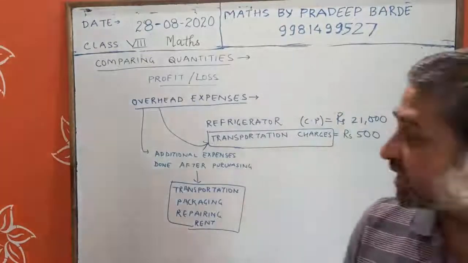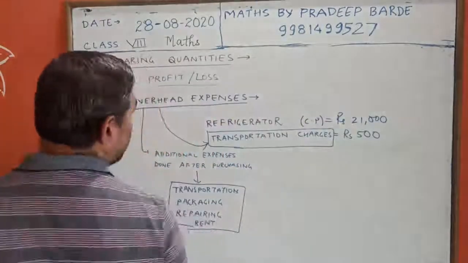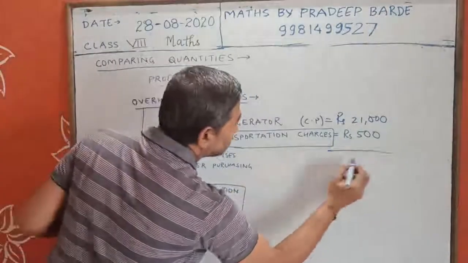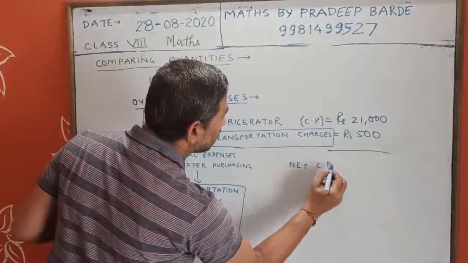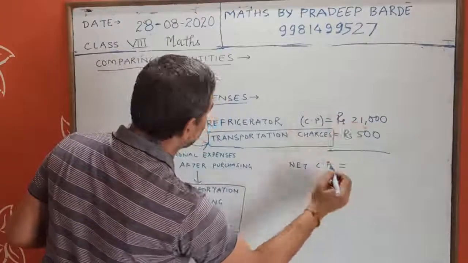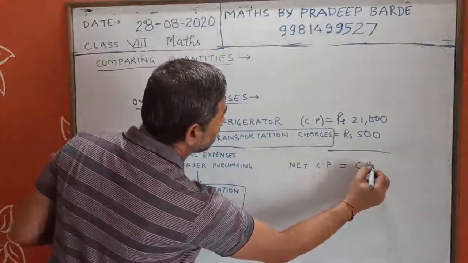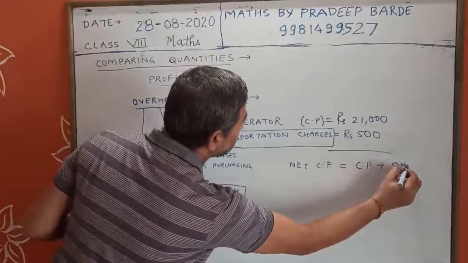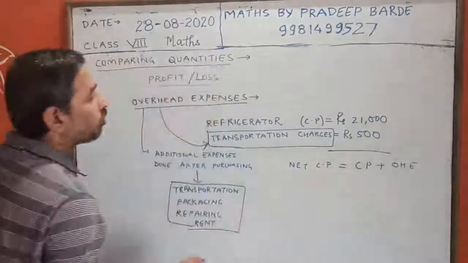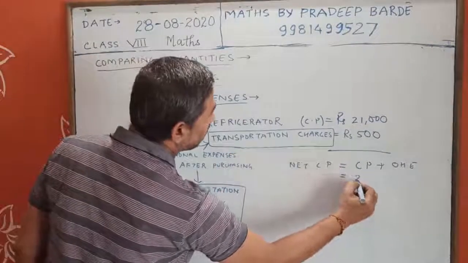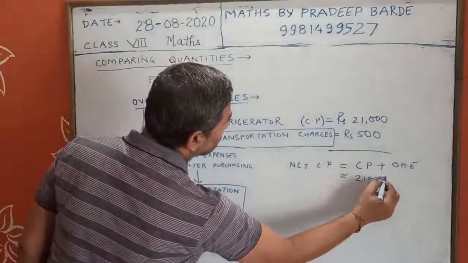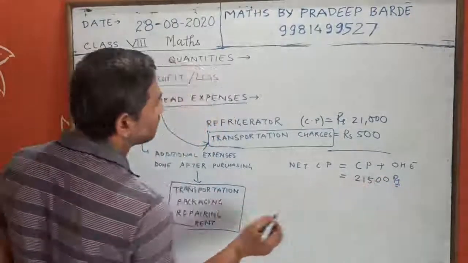So in that case, the net cost price of the refrigerator will be equal to cost price plus overhead expenses. So the net cost price here will be 21,500 rupees.